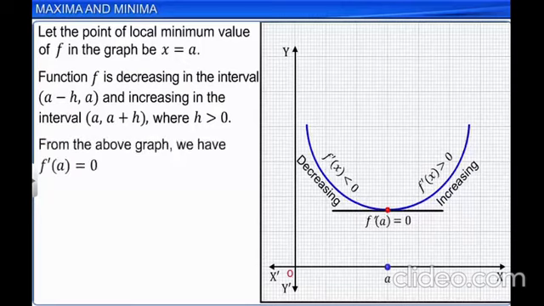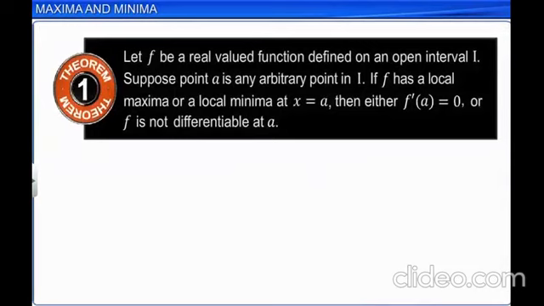In view of the discussion, we can state a theorem. Let f be a real-valued function defined on an open interval I. Suppose point a is any arbitrary point in I. If f has a local maxima or a local minima at the point x equals a, then either f dash a is equal to 0 or f is not differentiable at a.